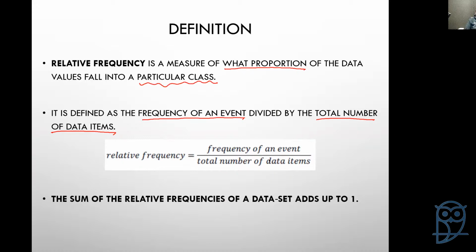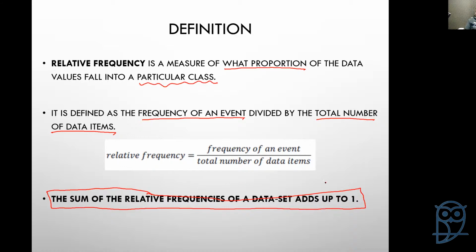And that sounds kind of similar to probability, but at the very end, we're going to see how this differs. And it's important to remember this last point over here. The sum of relative frequencies of your data set sums to 1. It's a horrific box, but we can deal with it.